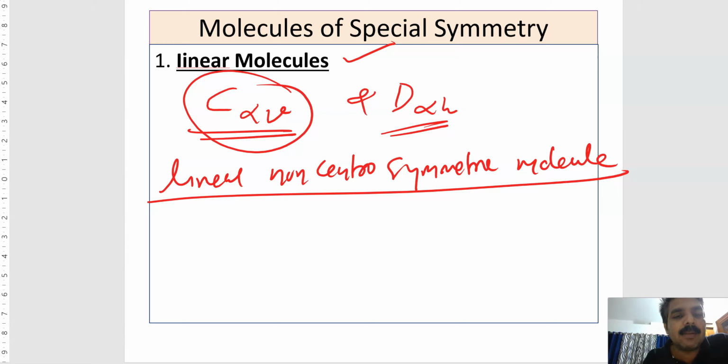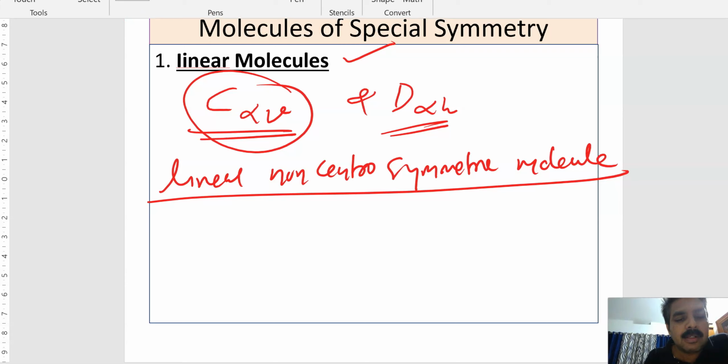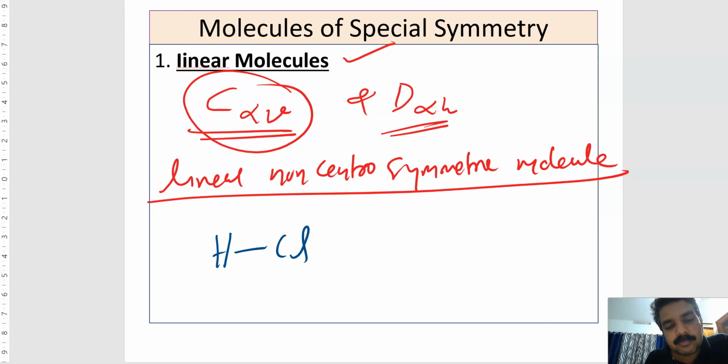For example, HCl. It's a linear molecule which has no centrosymmetry. So here there is a Cn axis, the C infinity axis, and there are infinite sigma V planes. I am not explaining this, already we have explained this type of symmetry elements in our earlier classes.